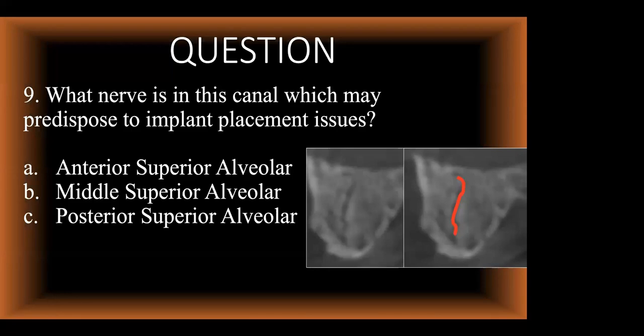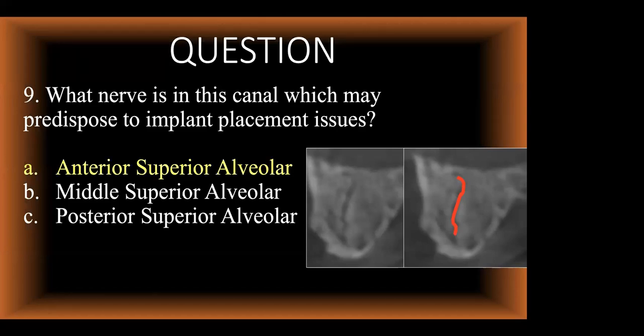And some of these are rather large. So it has a nerve in it. Which nerve would it be? Okay, almost. It is A. It's the anterior superior alveolar nerve.